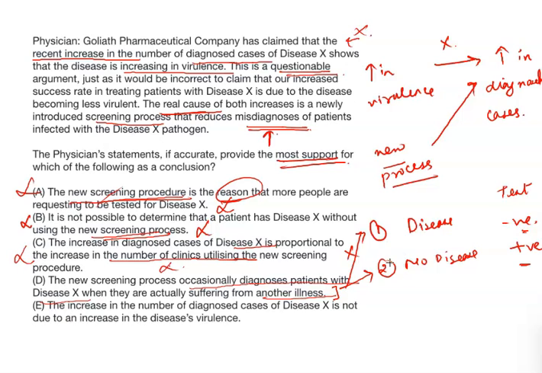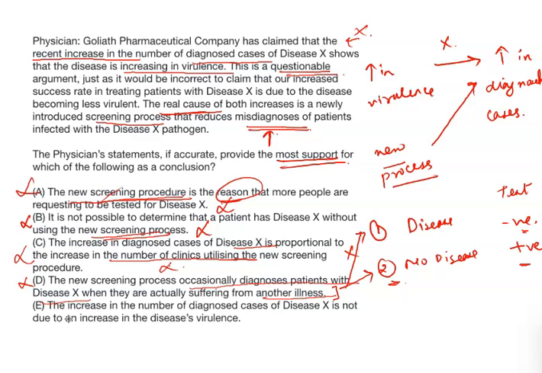So it reduces both of these, or which of these, we don't know. We are not told which type of misdiagnosis was occurring before this process was used. So we cannot conclude from the passage that only the second type of misdiagnosis is done by the new screening process. We can't say. So D is incorrect.